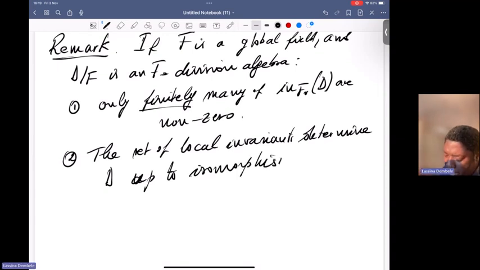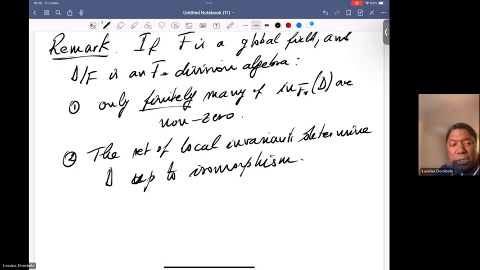This is a really, really important result because you use it all the time when you work with division algebras. In practice, you can often compute the local Brouwer invariants, and you know that each set of local Brouwer invariants would determine an algebra uniquely. Of course, we know that only finitely many of these invariants must be non-zero. So that's a key thing to keep in mind.